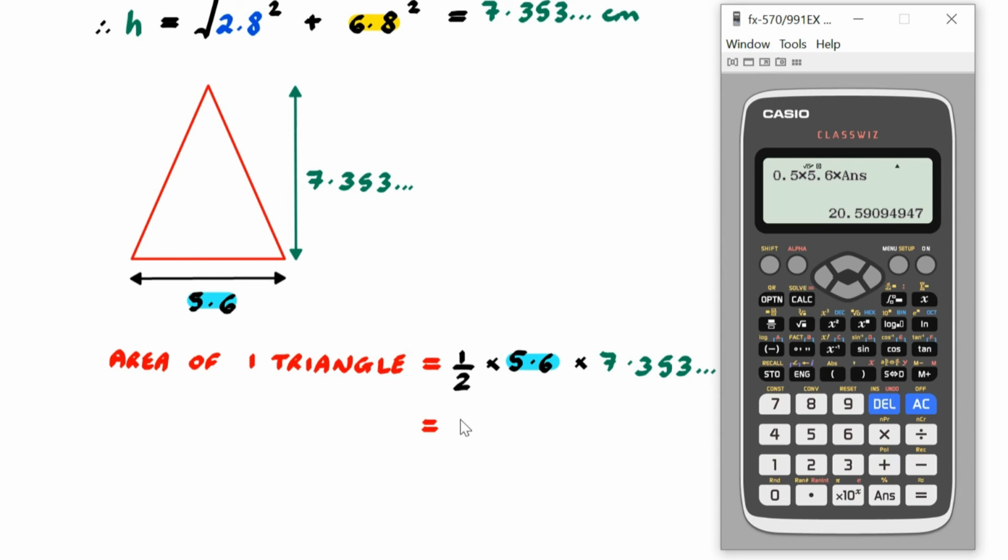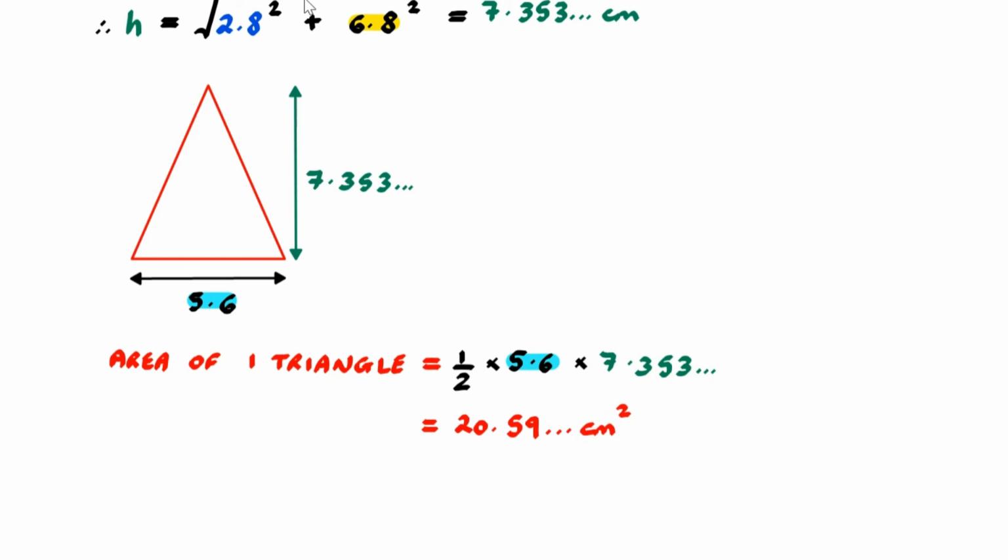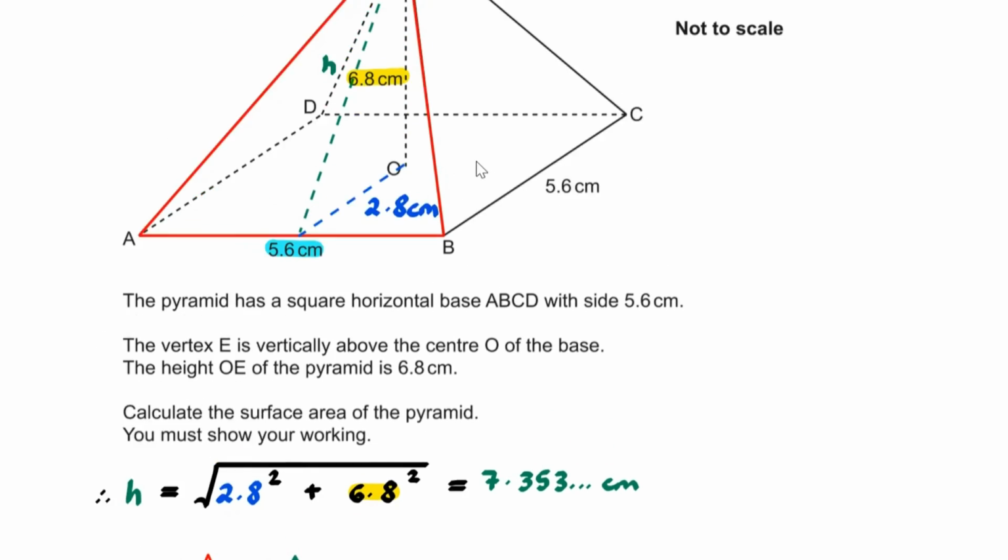The area of one of those triangles is 20.59, etc. centimeters squared. So that's the area of the triangle.